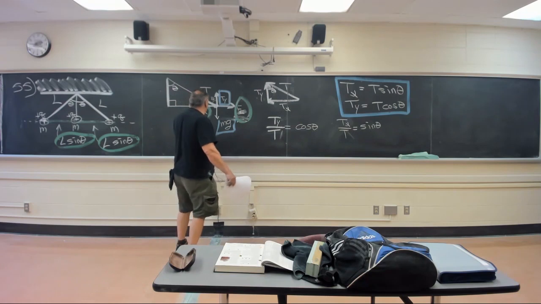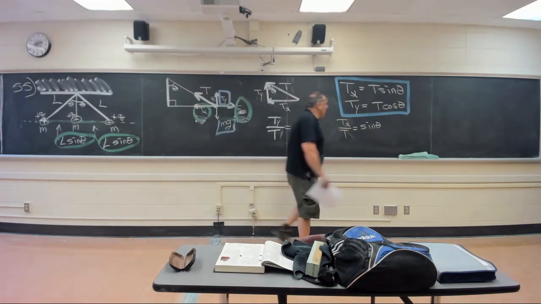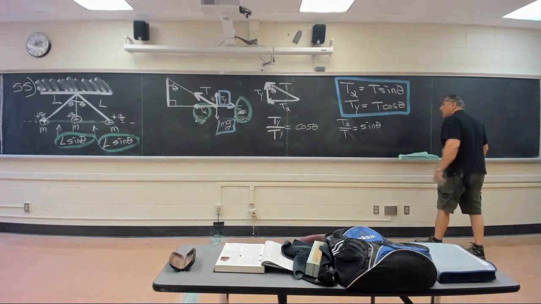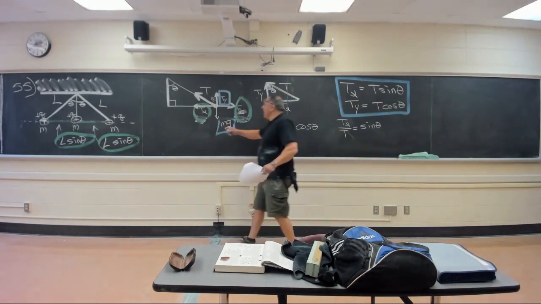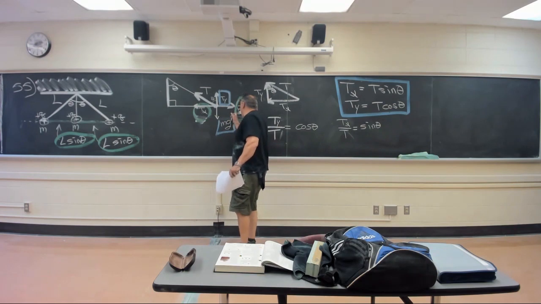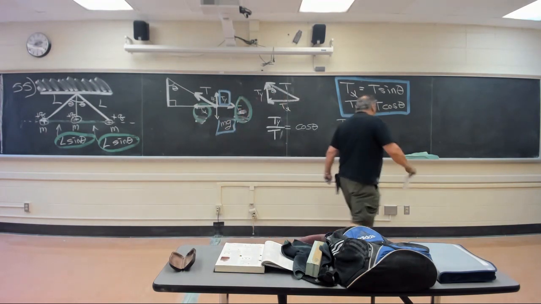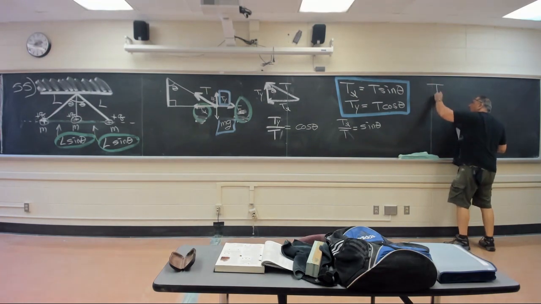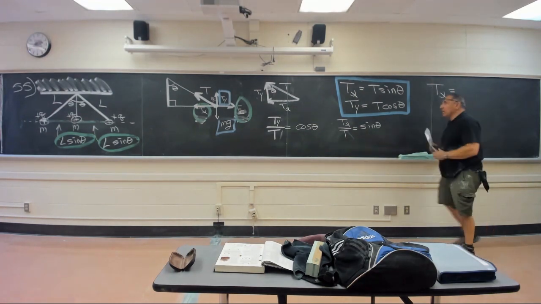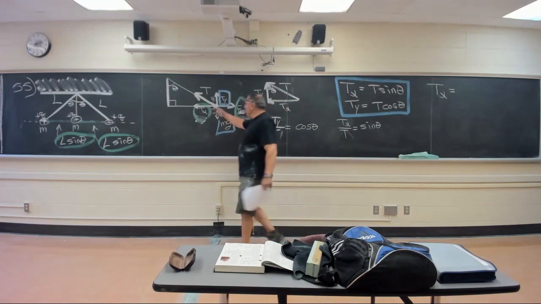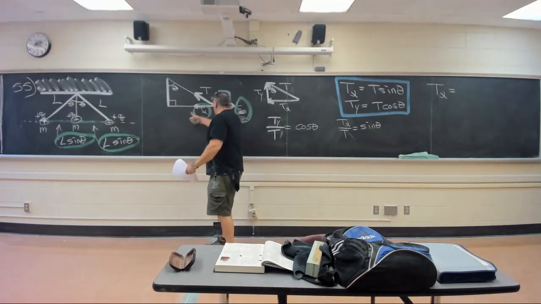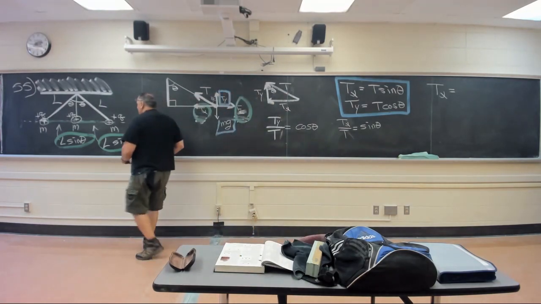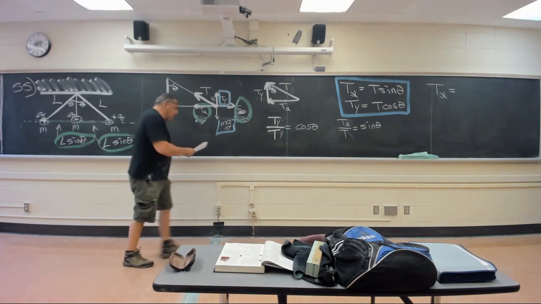The net electric force: T sub x equals F sub e. This guy pulling that way is equal and opposite to the two situations.